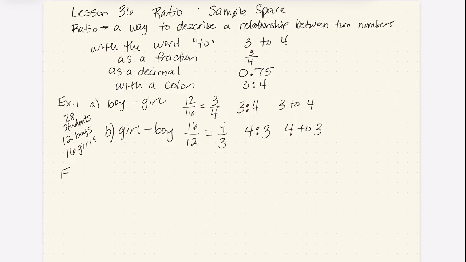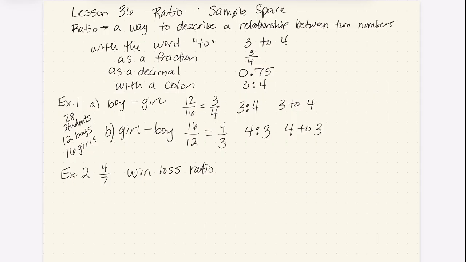All right, example number 2 says the team won 4/7 of its games, or 4 out of 7 of its games, and lost the rest. What was the win-loss ratio? If they won 4 games out of 7, how many games did they lose?